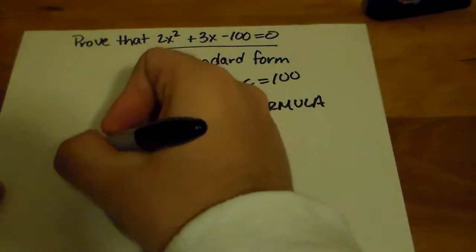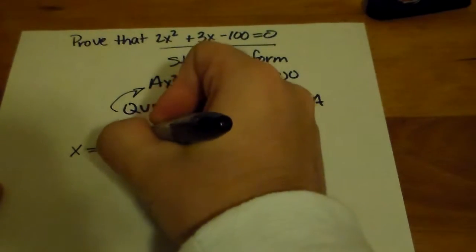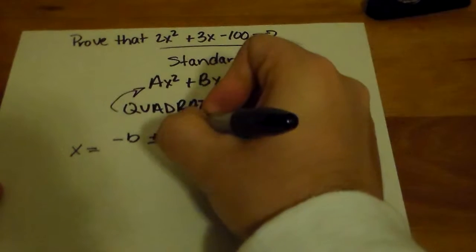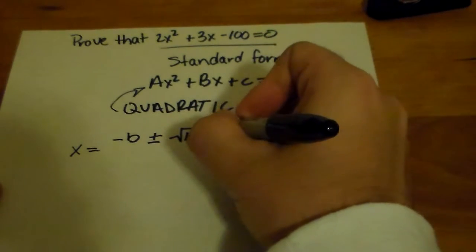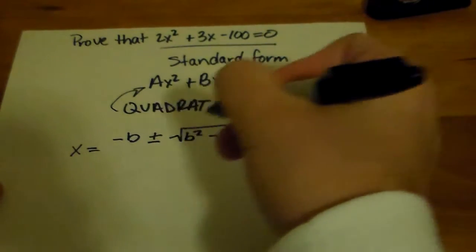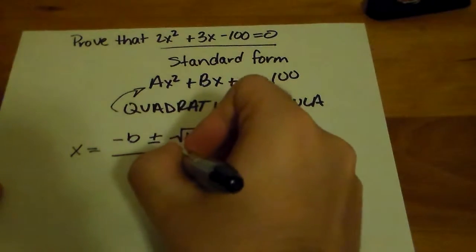The formula is x equals negative b plus or minus the square root of b squared minus 4ac, all of that over 2a.